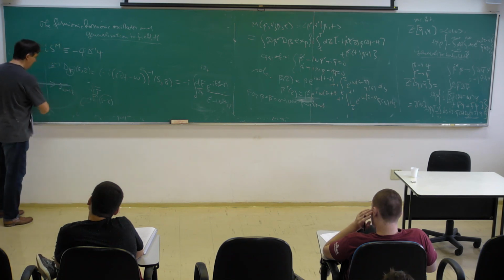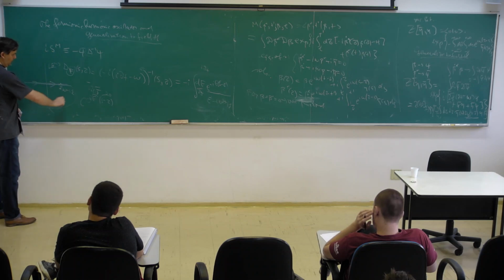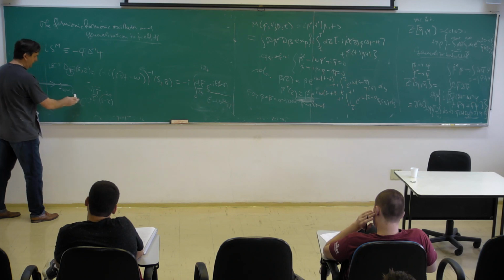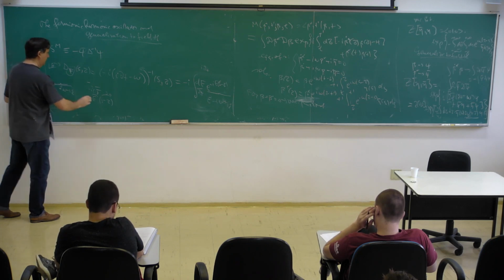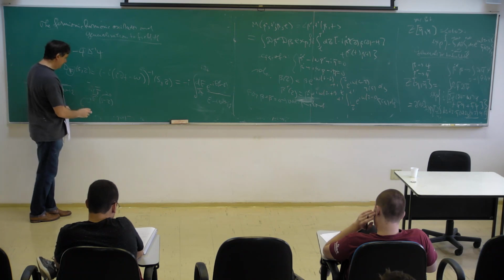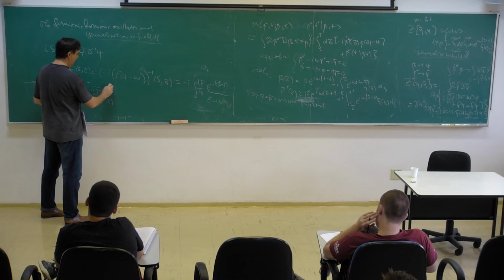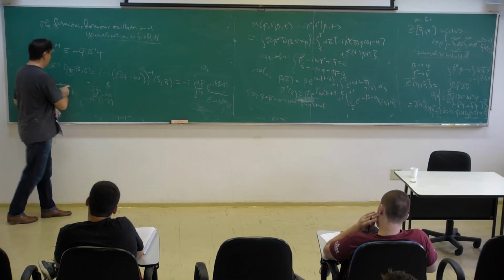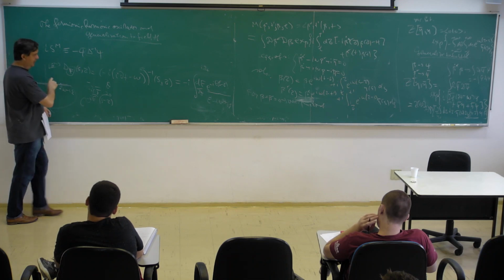So indeed, if s minus tau is positive, then closing in the lower half plane I get an exponentially decaying object. That means that the integral is non-zero only if s minus tau is positive. If s minus tau is negative, I have to close in the upper half plane where there are no poles.